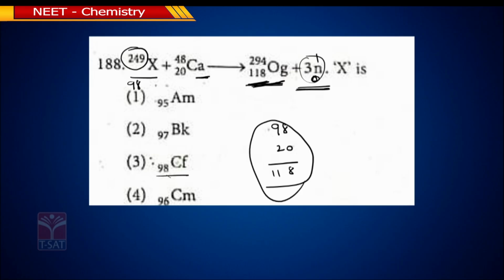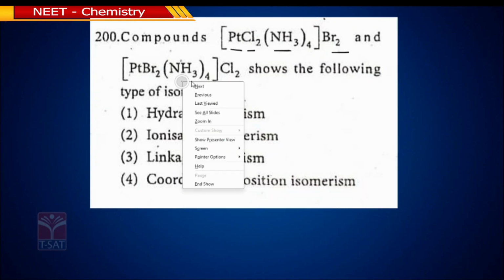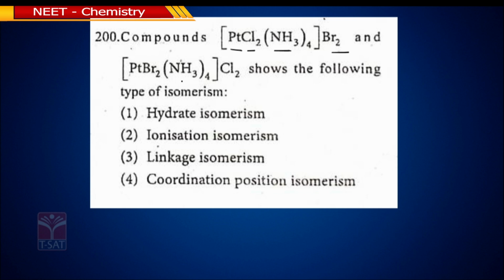This is the last question of this session. The compounds [PtCl2(NH3)4]Br2 and [PtBr2(NH3)4]Cl2 show which isomerism? These are ionization isomers. Why are they called ionization isomers?